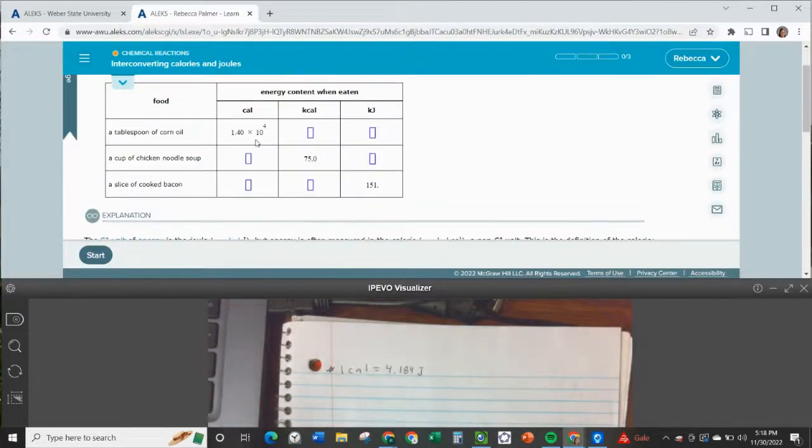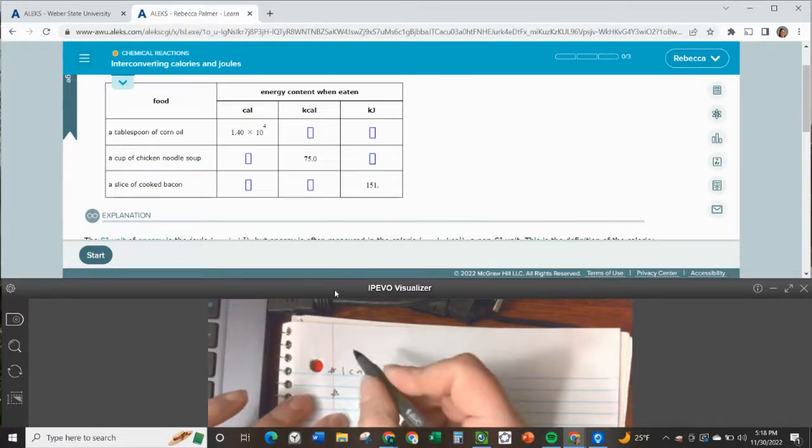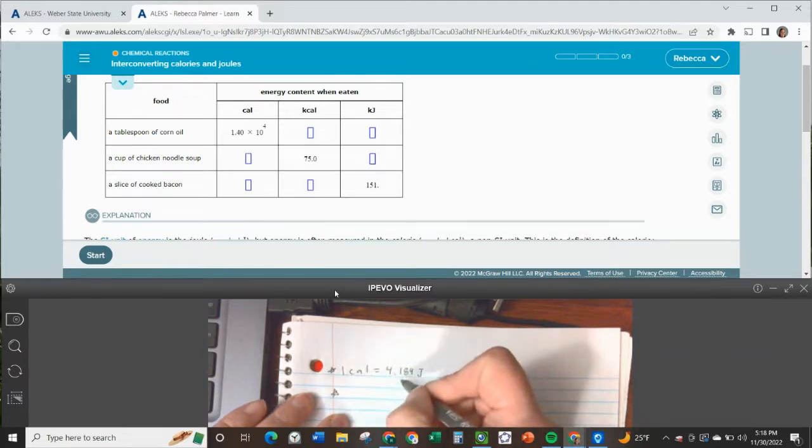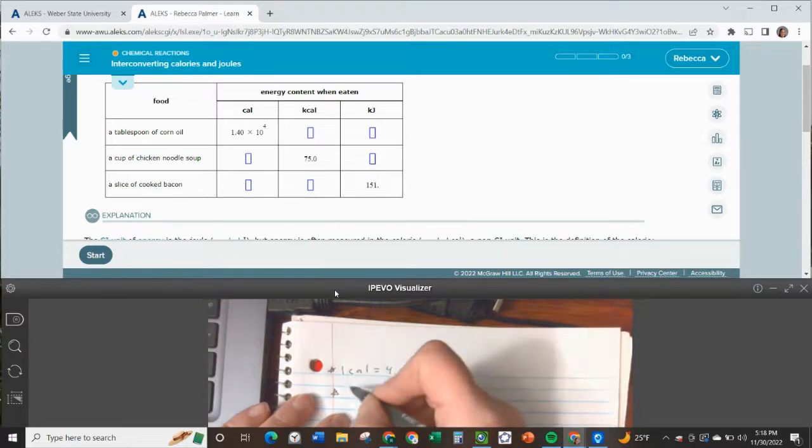We have to convert all of these different units. They're going to give us one, and we have to convert it into the other ones. Going back to the conversion factor, 1 calorie is 4.184 joules. Another useful conversion factor: I'm going to multiply both sides by 1,000, but instead of writing 1,000, I'm going to write kilo.